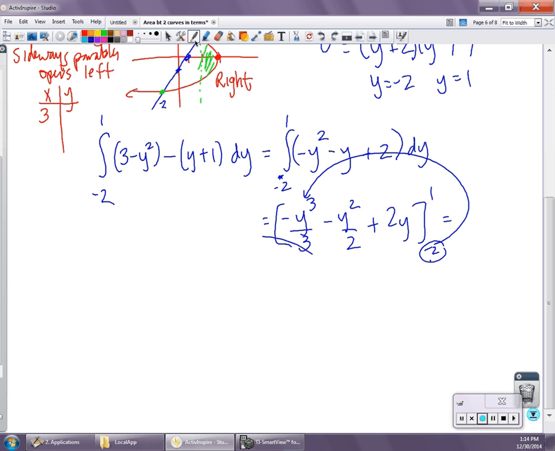Show the work. All right, so substituting 1 again, I will get negative 1/3 minus 1/2 plus 2. Subtract the lower bound, substitute in negative 2, which gives me negative 8/3 times a negative is positive 8/3 minus 2 minus 4.